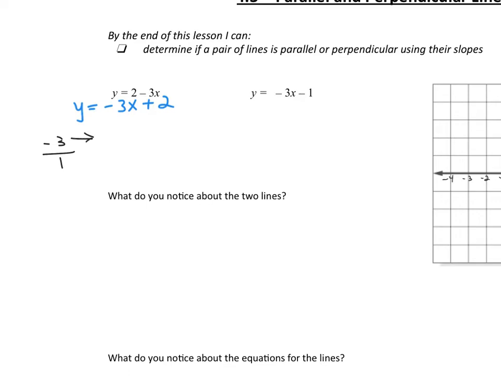Because my rise happens to be negative 3, that means I'm going to move 3 units down. My run is the value that I see in the denominator, which is 1, so that corresponds to 1 unit to the right. So from the y-intercept that I plotted already, I'm going to move 3 units down and 1 unit right.